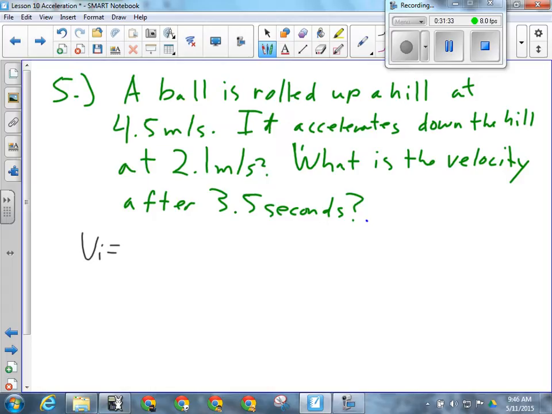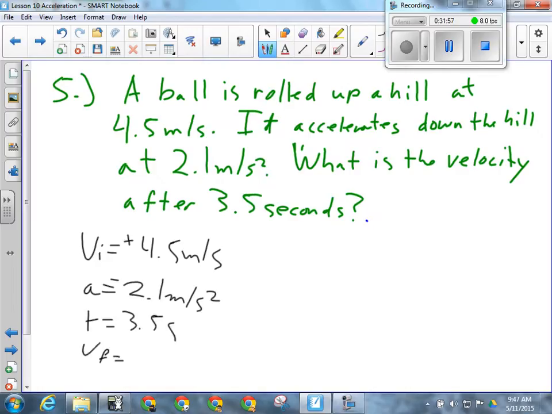It doesn't matter which, as long as you make down the hill the other, but they've got to be opposite. So I'm going to make up the hill positive at 4.5 meters per second. It accelerates down the hill at 2.1 meters per second squared, so I've made that negative because it's in the opposite direction. What's the velocity after 3.5 seconds?